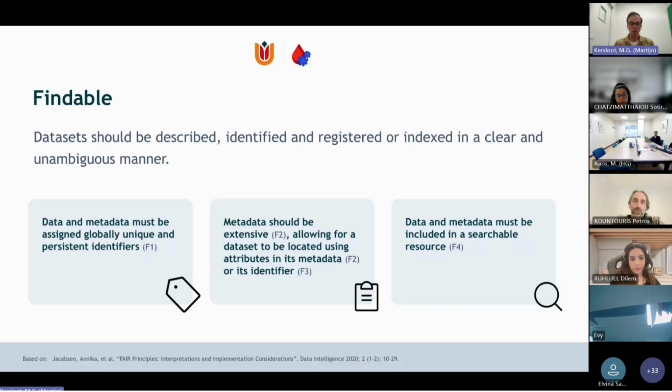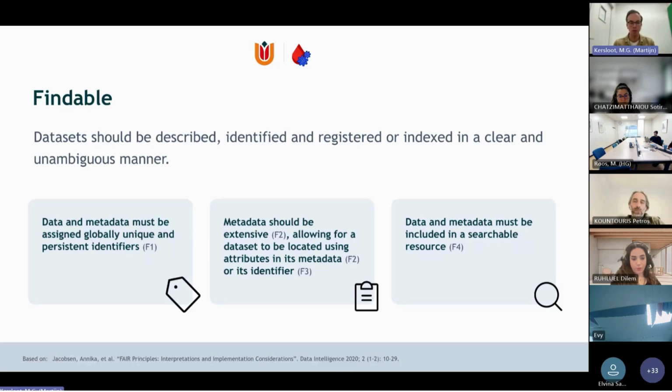So first of all, findability contains four different principles. The data and the metadata must be assigned a unique identifier, kind of a tag, so that you know where to find the data and the metadata. Similar to if you publish a paper and you get a DOI, we would like that for a data set as well.